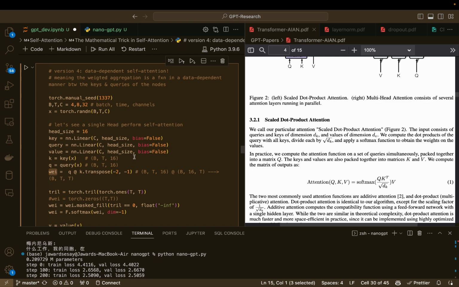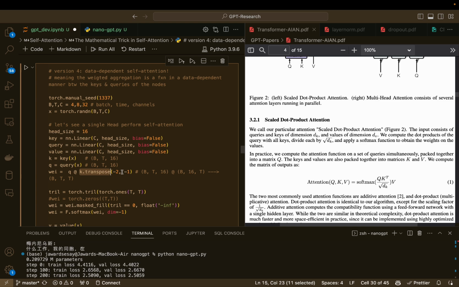Instead of it just being all zeros, our keys are in the dimension B by T by 16 because our head size is 16, and our queries are also B by T by 16. But we cannot do the dot product of these two directly, as it's not very efficient. So what we have to do is take a transposition of the keys.